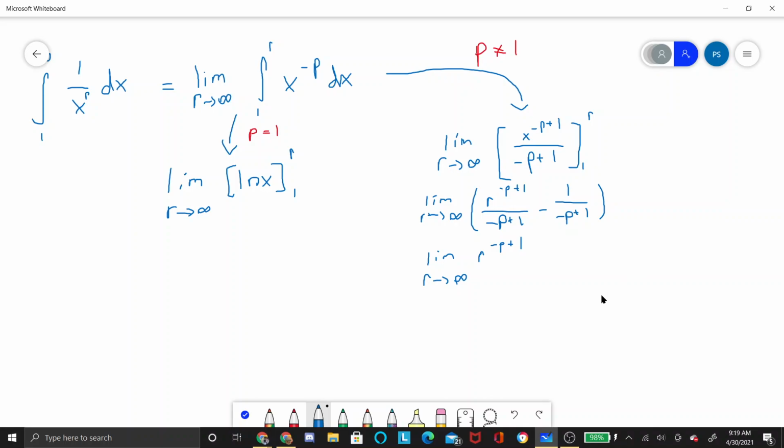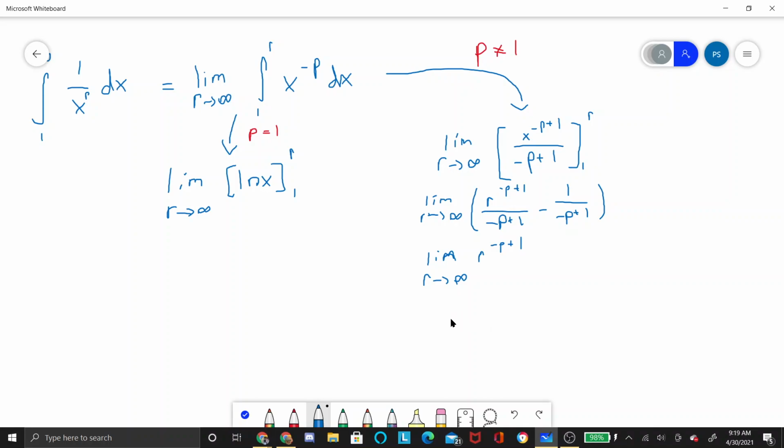Well, infinity to an exponent. How do we know when infinity to an exponent is convergent or divergent? Well, if we have something that's 1 over infinity, that's convergent. That'll always go to 0. So what we need to figure out is when this exponent is negative, because when it's negative, then we'll have that 1 over r, which is just 1 over infinity relationship.